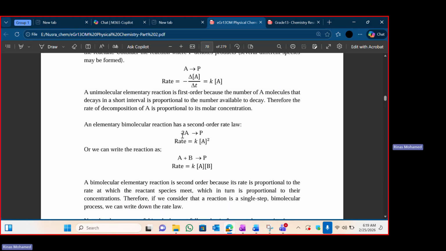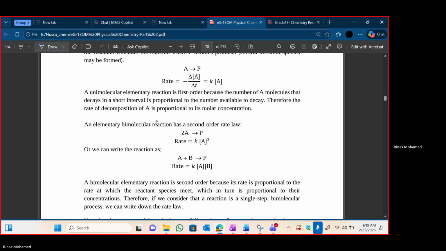Another example we can go through is a reaction where A plus B are the reactants and they react to give the product P. If this is an elementary reaction, how can you write the rate law?